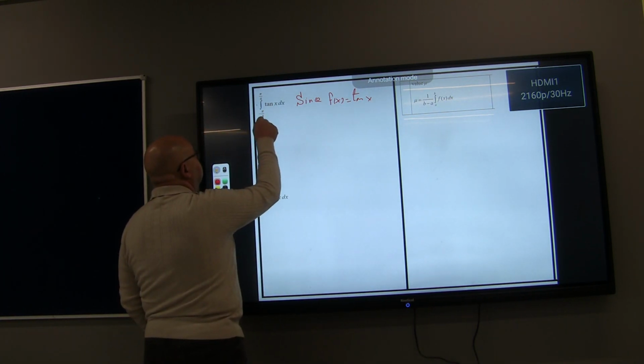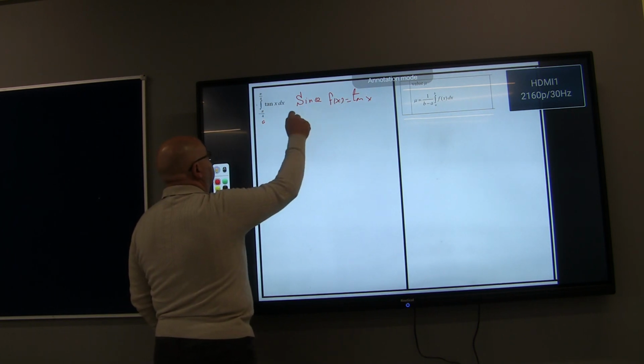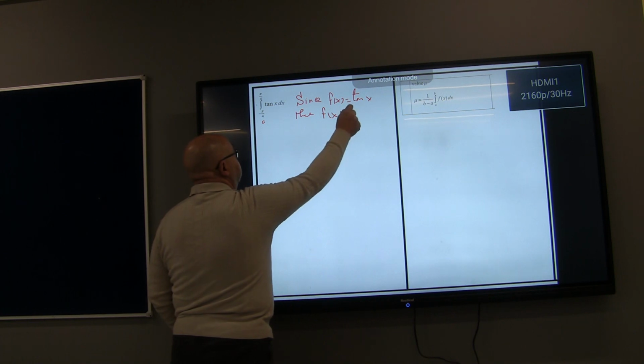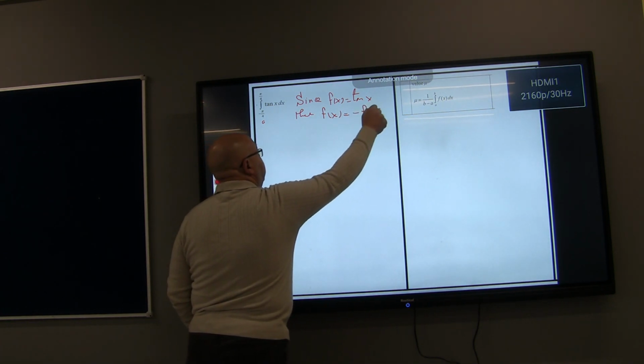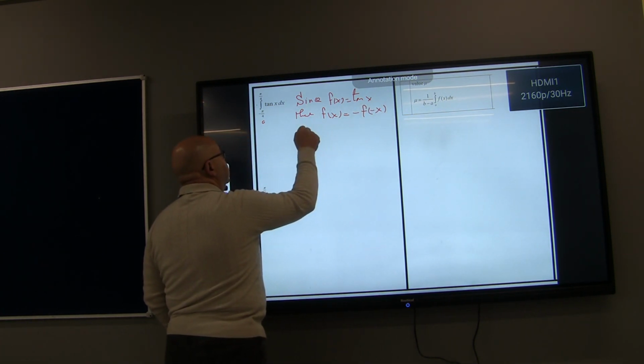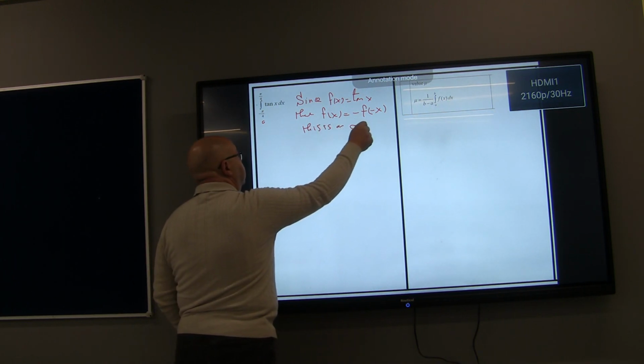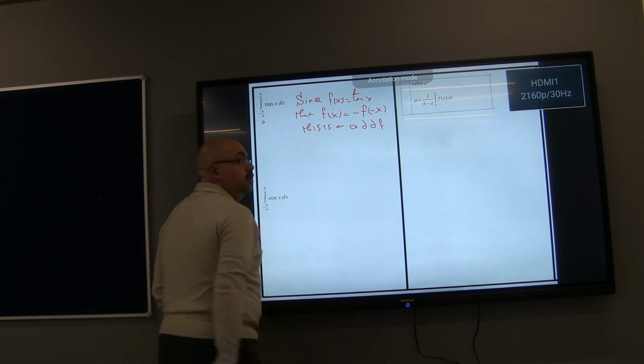Since then f of x equals negative of f of x, this is an odd function.